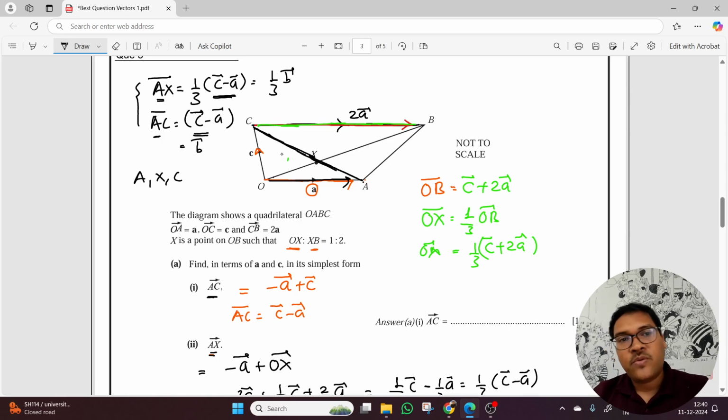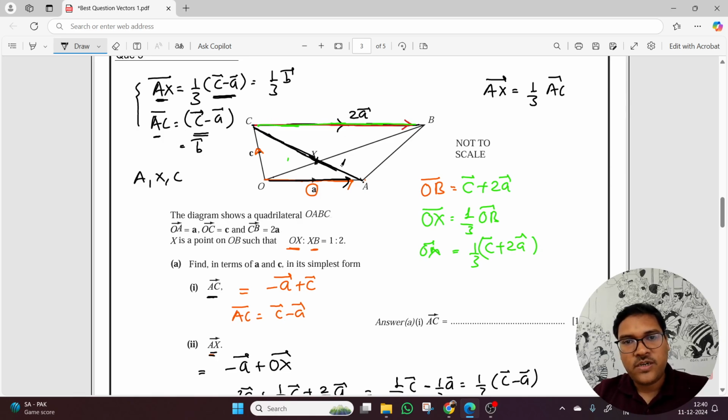And now there can be a question: what is the ratio CX is to AX, or what is the ratio AX is to XC? You can clearly see the magnitude of AX is 1/3 of AC. So AX vector is equal to 1/3 of AC vector, and AC is the complete vector.